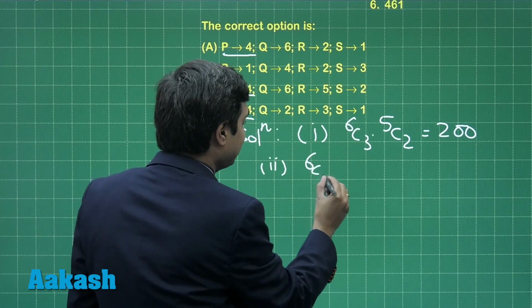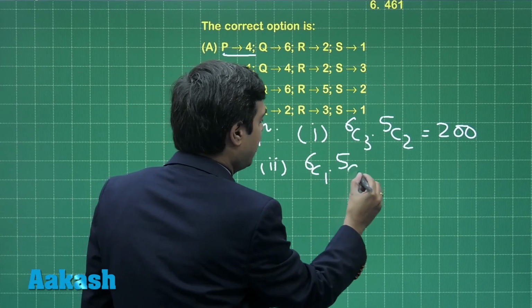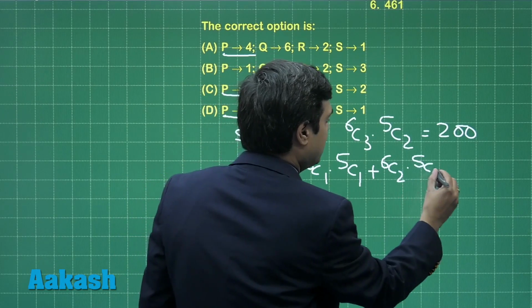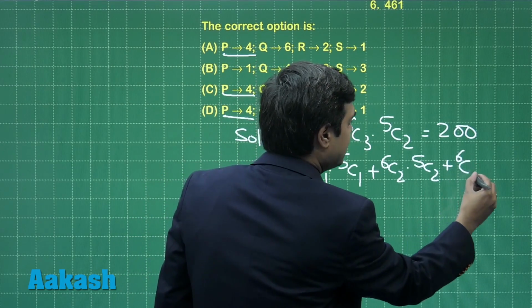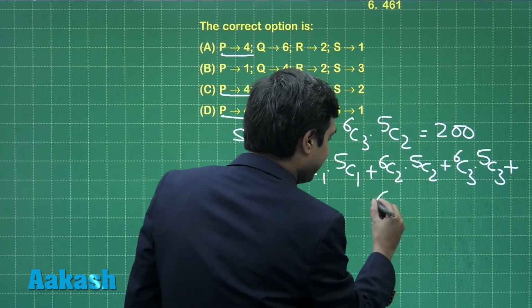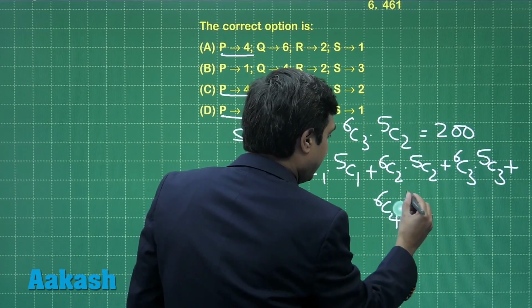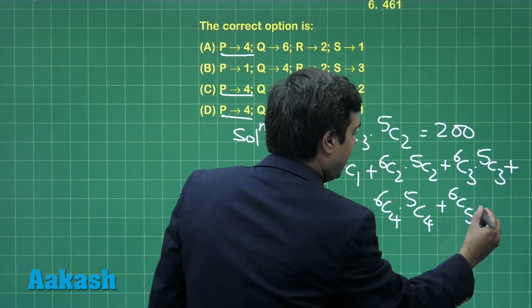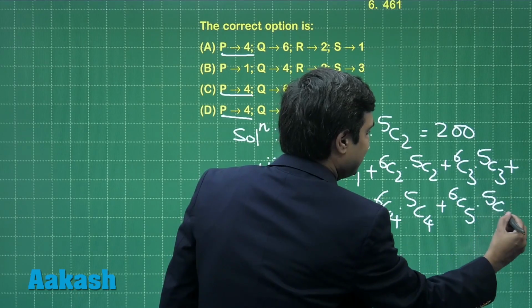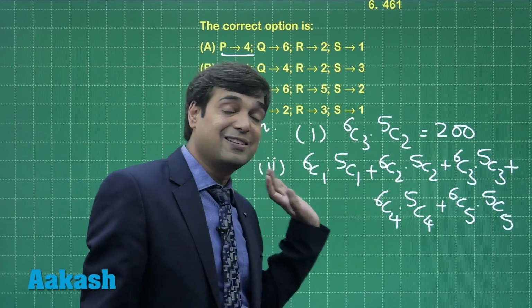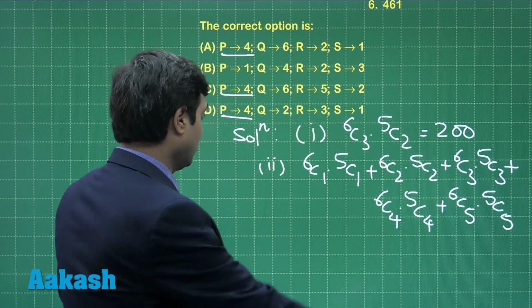So, we can say 6C1 into 5C1 plus 6C2 into 5C2 plus 6C3 into 5C3 plus 6C4 into 5C4 plus 6C5 into 5C5. So, these are the possibilities for forming such a committee as alpha 2.